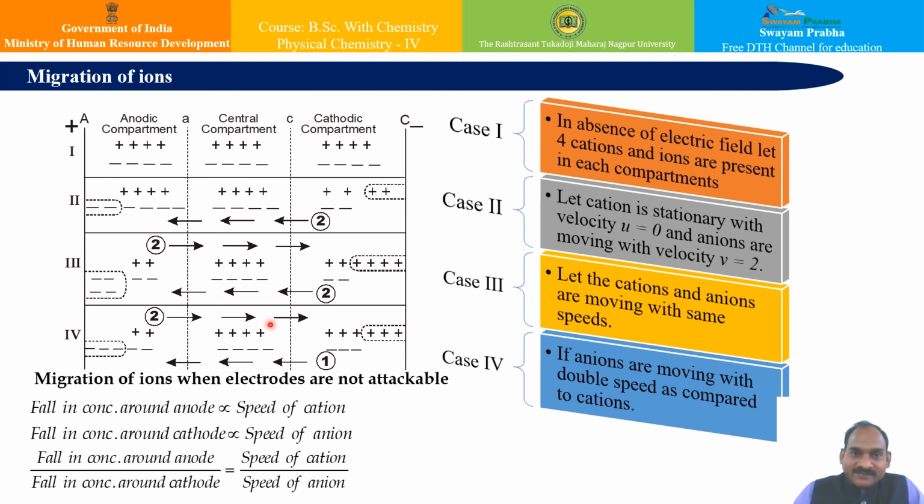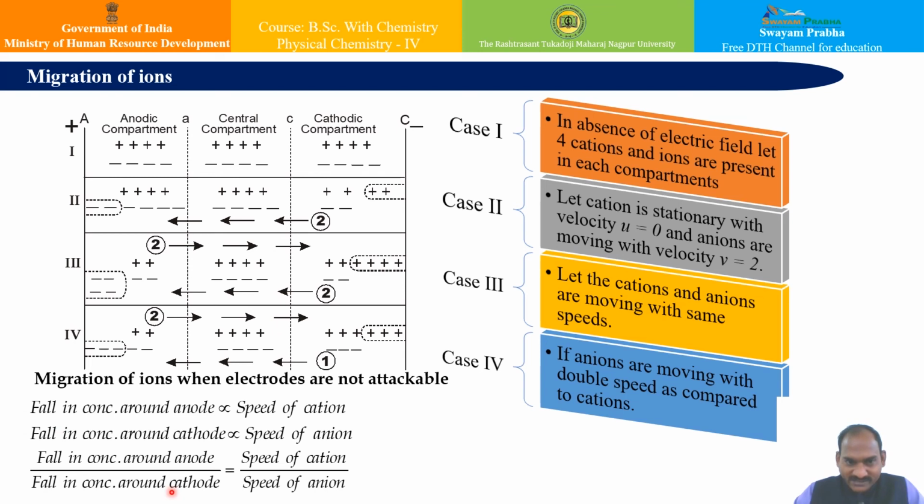Similarly, the second conclusion is that the concentration in the central compartment will always remain constant whatever the case. And the third one is that the fall in concentration around any electrode is directly proportional to the speed of the ion moving away from it.